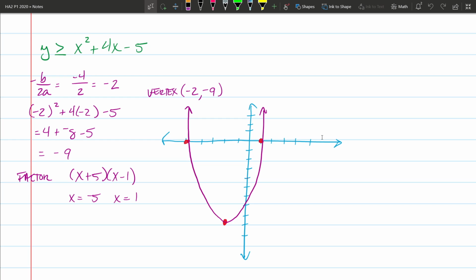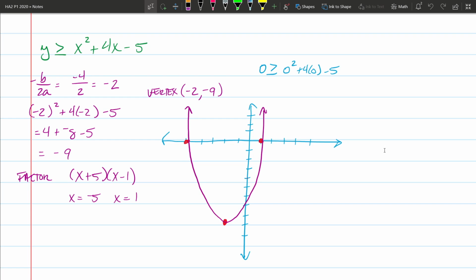Next step, I got to figure out where I'm shading. So I'm looking at my graph and I'm thinking, what's a convenient point? I like 0, 0. Zero is only 0.